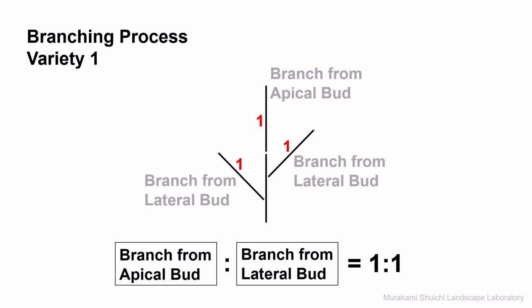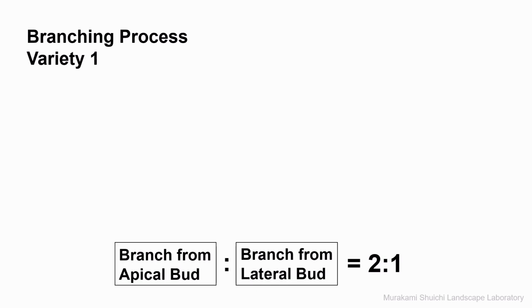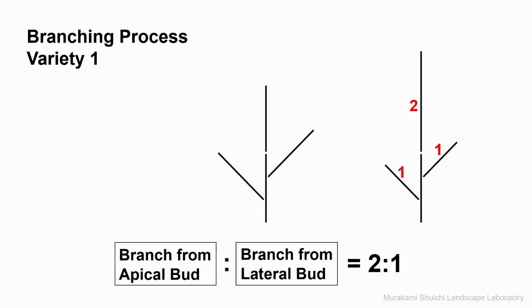Apical bud means bud at the tip of stem. Now what happens if that ratio changes? For example, imagine the branch from the apical bud grows twice as long as the one from the lateral bud at 2:1 ratio.